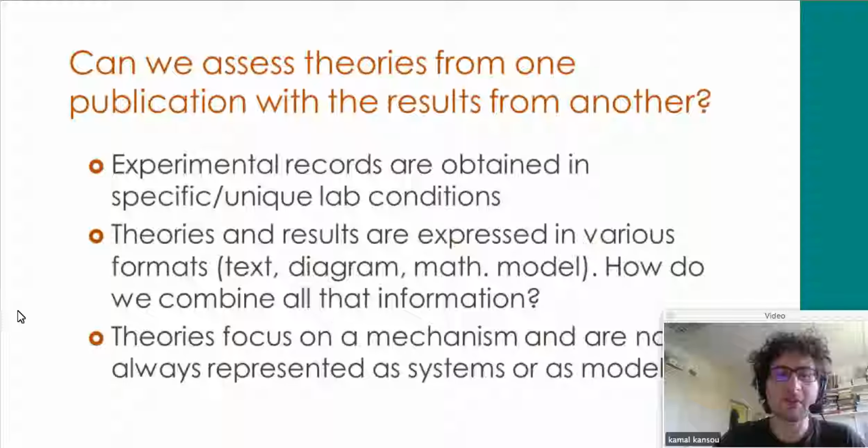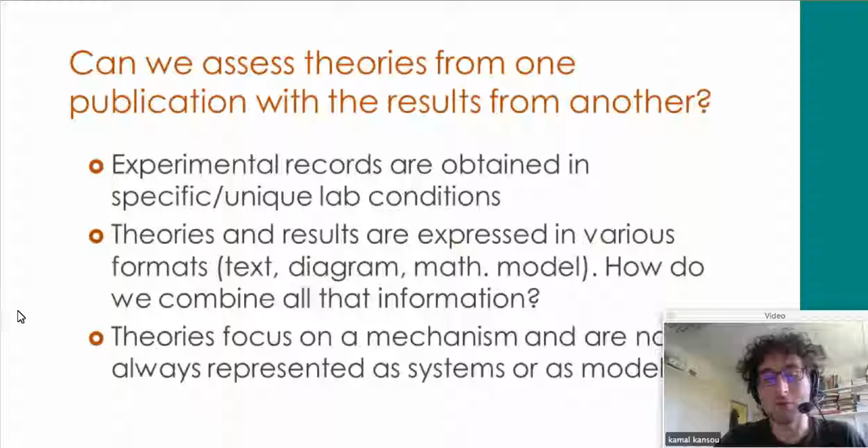The second point is that theories and results are expressed in various formats: text, diagram, mathematical model. So how do we combine all that information? We need to find the right formalism to integrate all this in one common representation. The third point is that theories generally focus on a specific mechanism, and they are not presented as a system or even less as models.